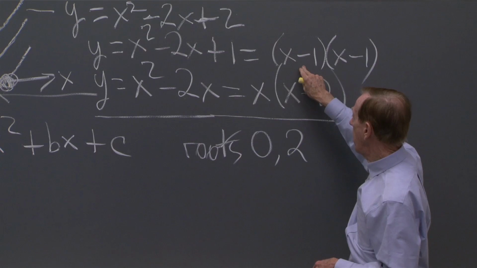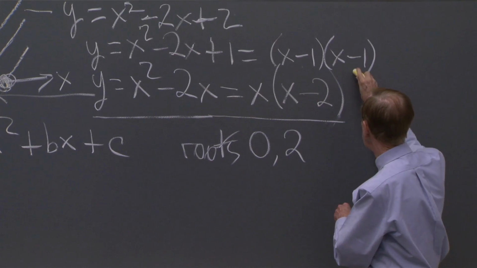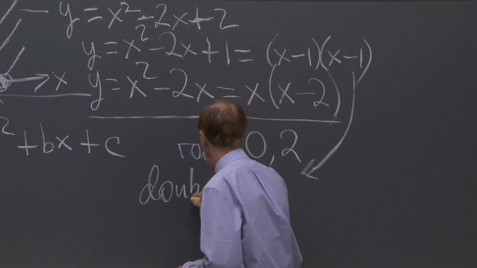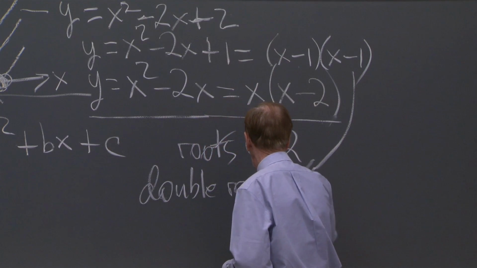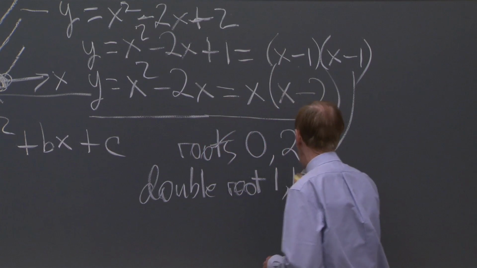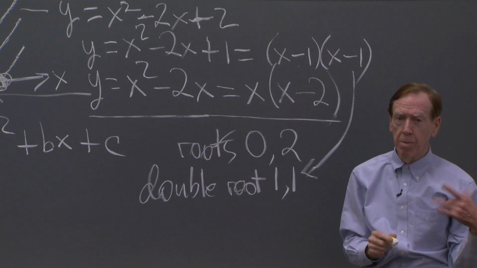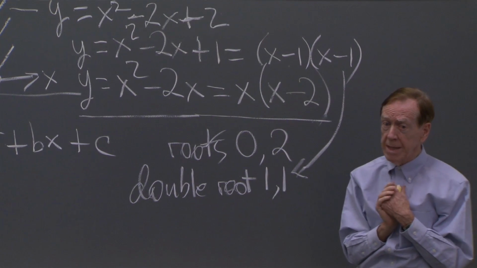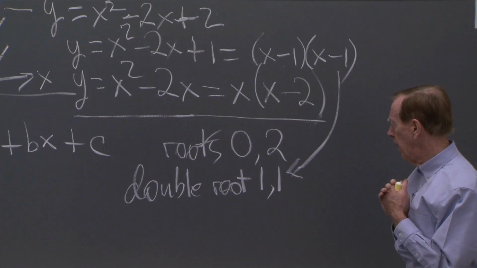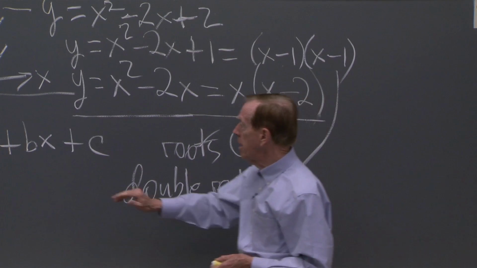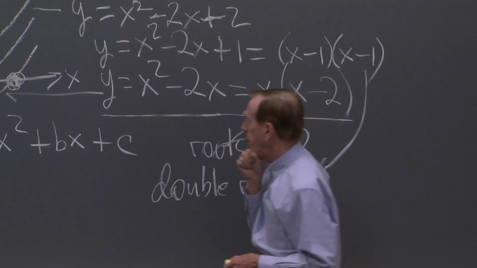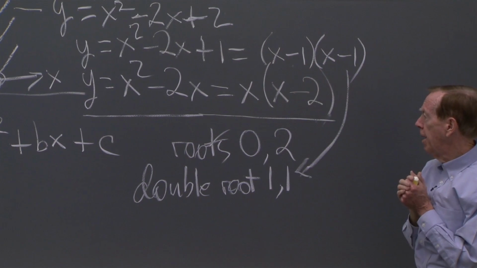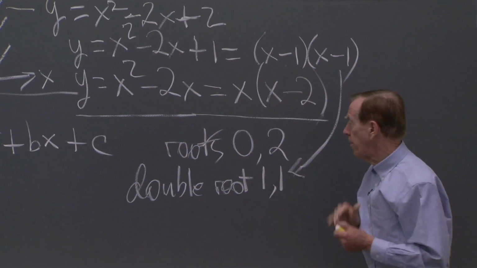That is 0 at x equals 1. So what am I saying about this guy? Double root, 1 and 1. Double roots get mathematicians excited. Well, mathematicians are easily excited, you could say. And that's special. Okay. So it's x minus 1 squared. And we see a double root.